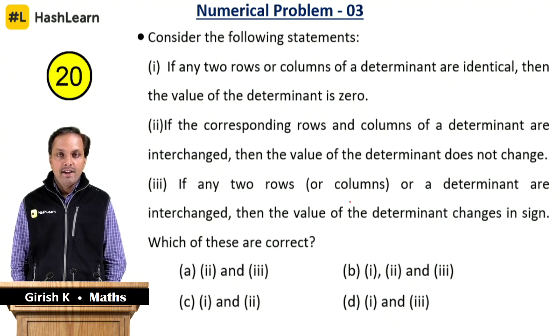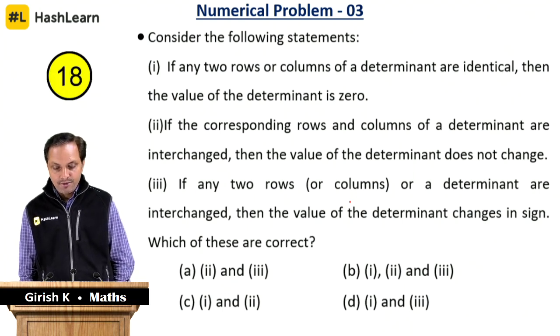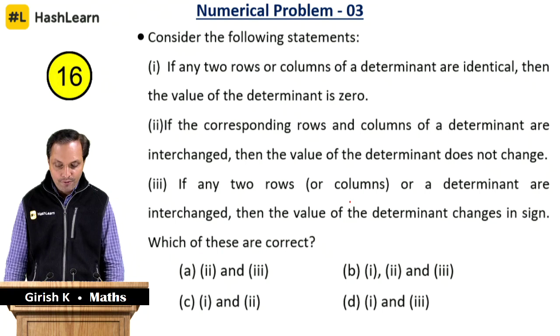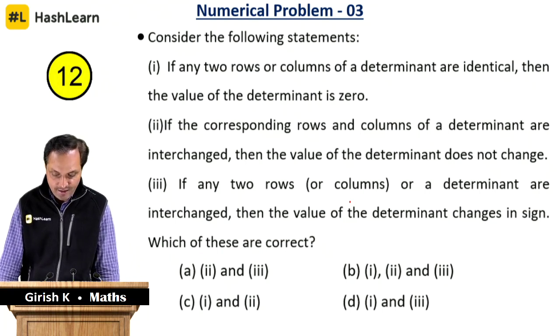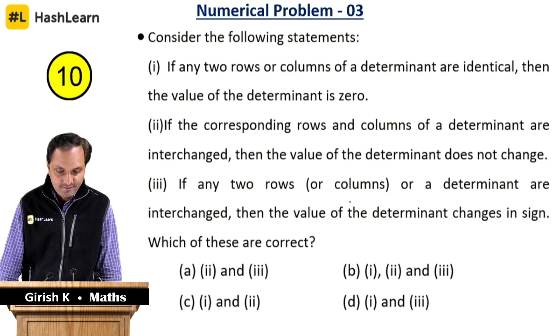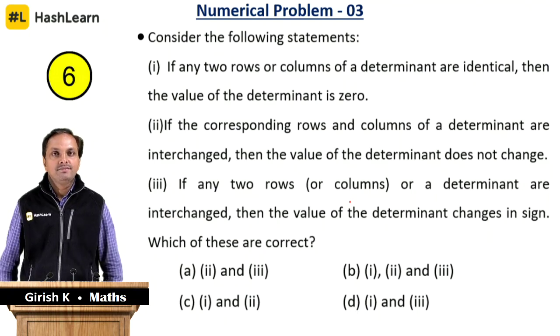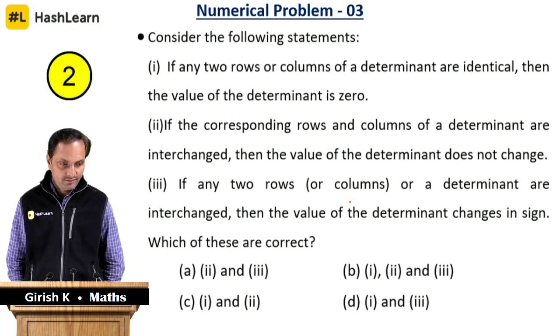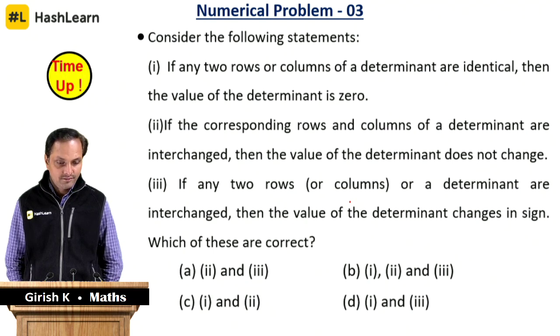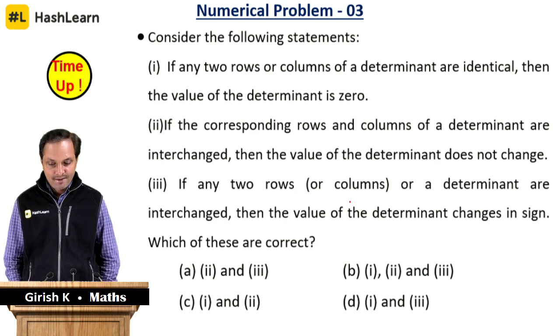Three properties of determinants they have given you as Roman 1, 2 and 3. Read them carefully and mark option A, B, C or D. You're left with 10 more seconds. Time up.